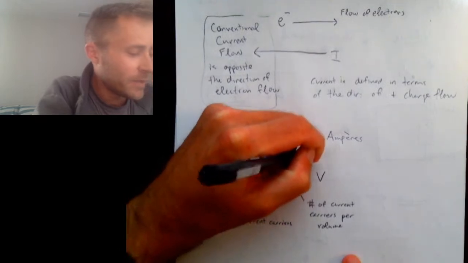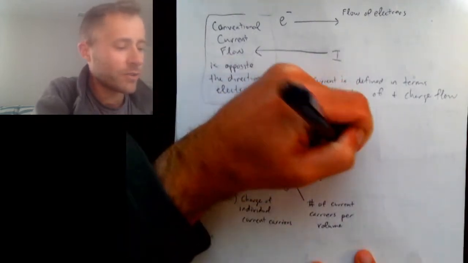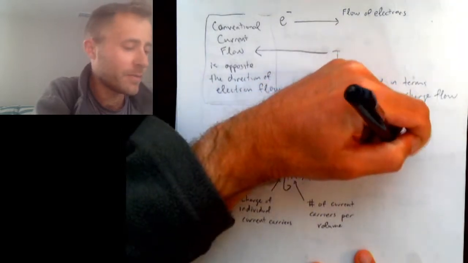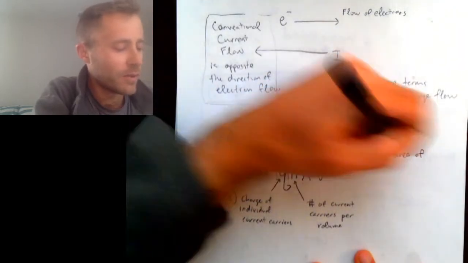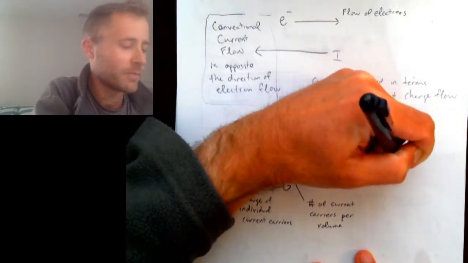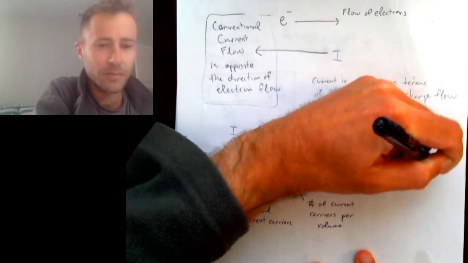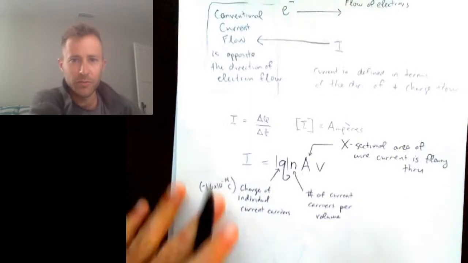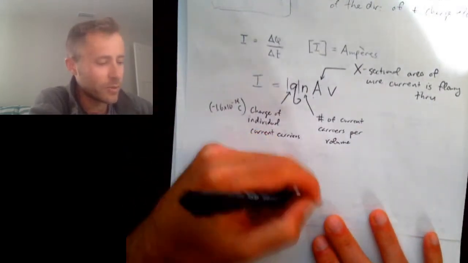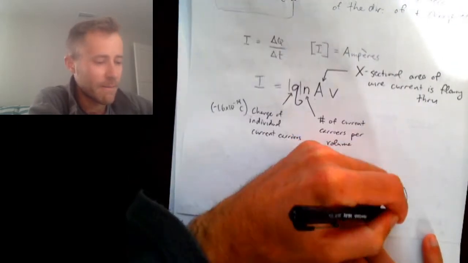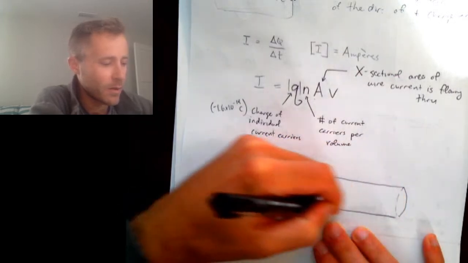A is the cross-sectional area of the wire the current is flowing through. So usually wires have a circular cross-section. So you have a wire that looks like this, okay?